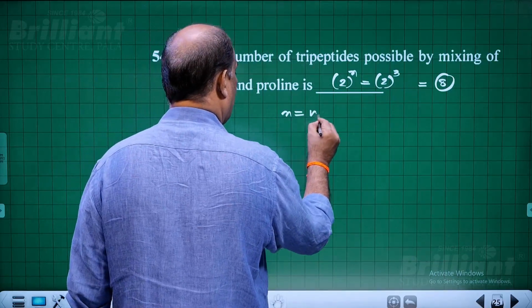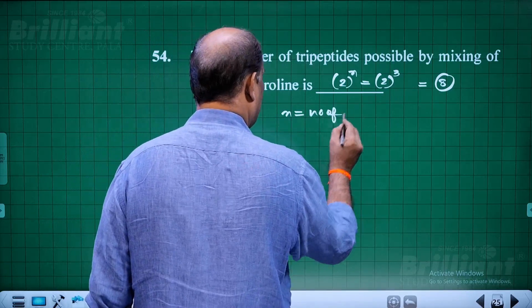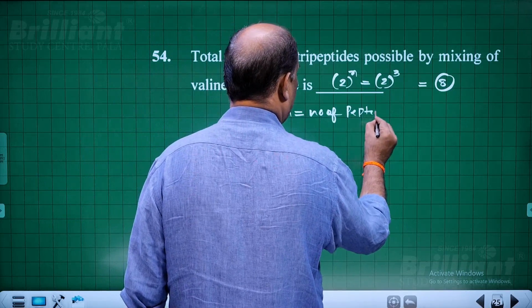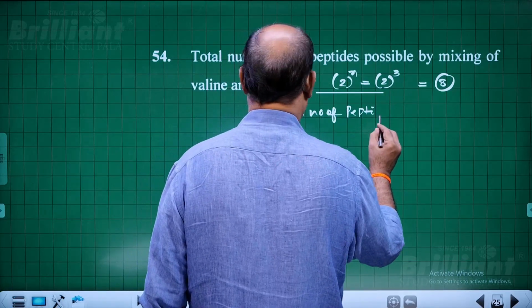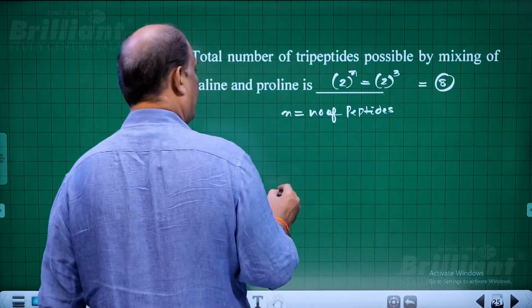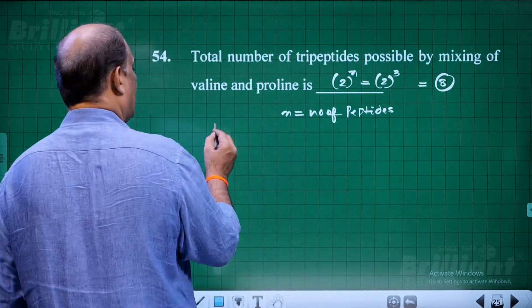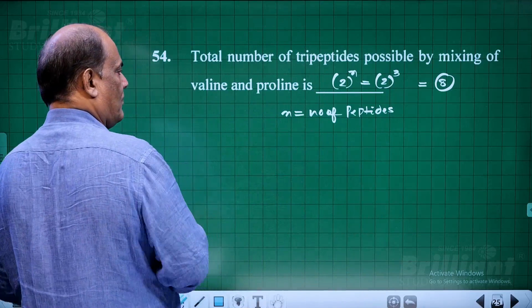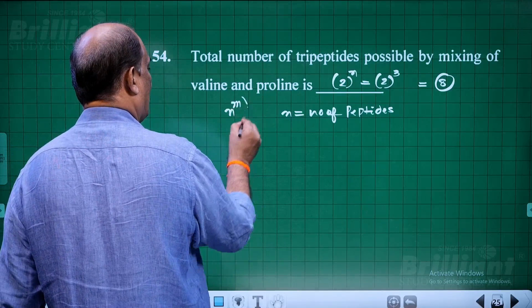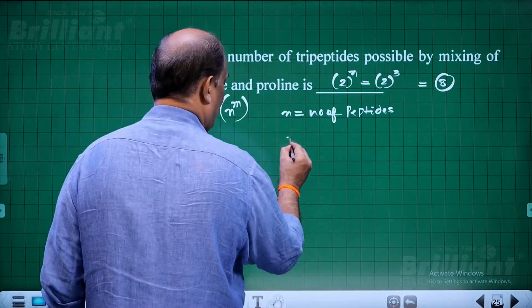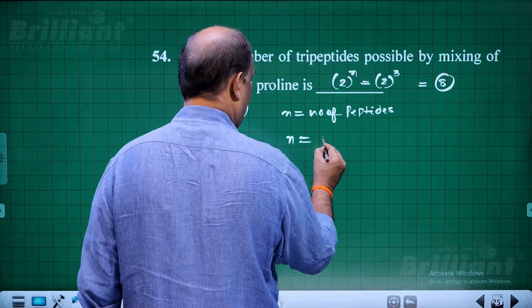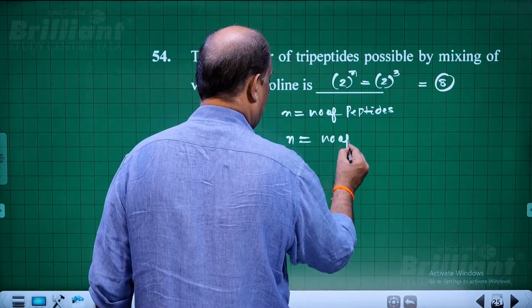N is equal to the number of peptide positions. Generally this is n to the power of m, where n is equal to the number of types.